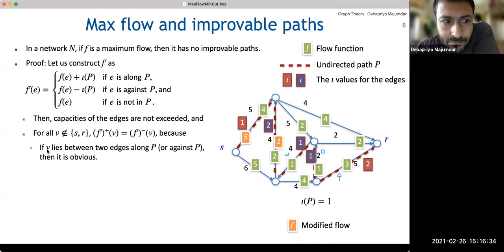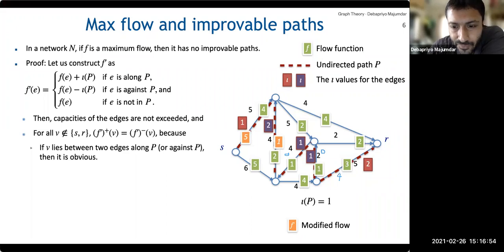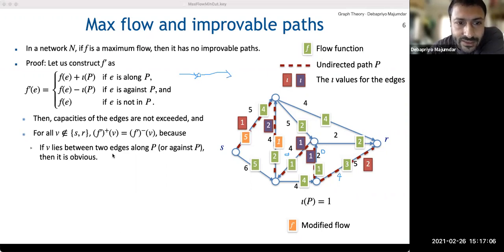Suppose V lies between two edges along P. In this case, we don't have one of this, but suppose the path is such that both edges are this directional and your path is also this directional. So if V lies between two edges, this is the vertex V.